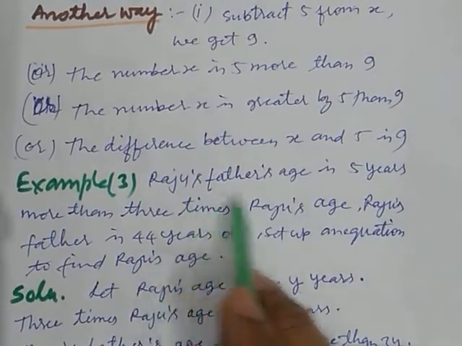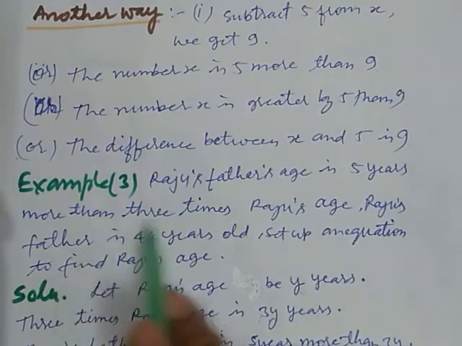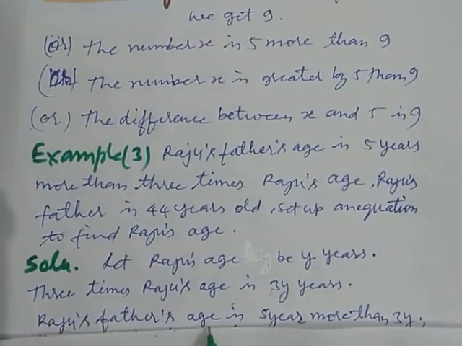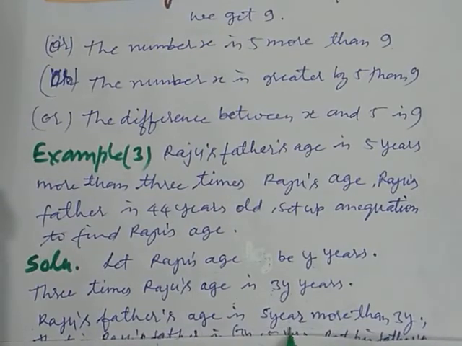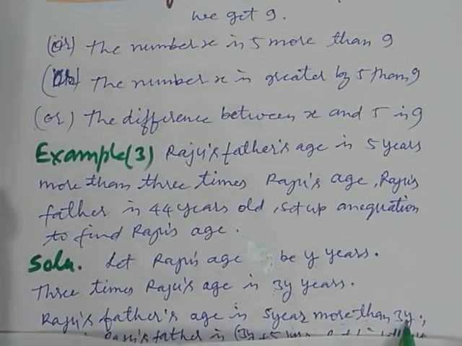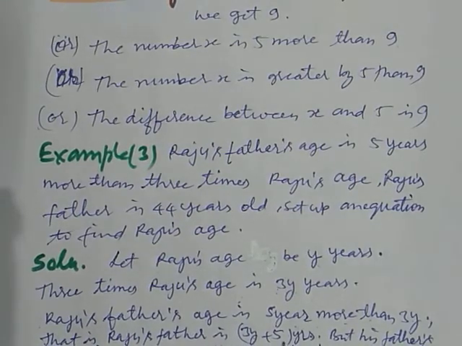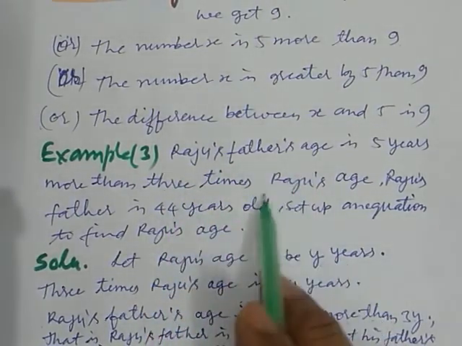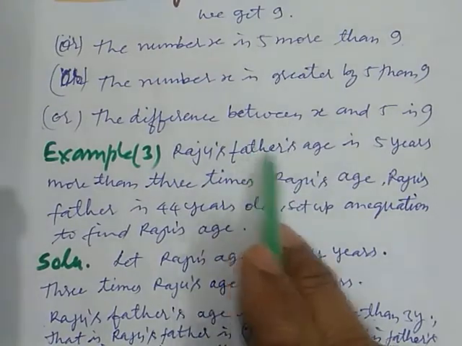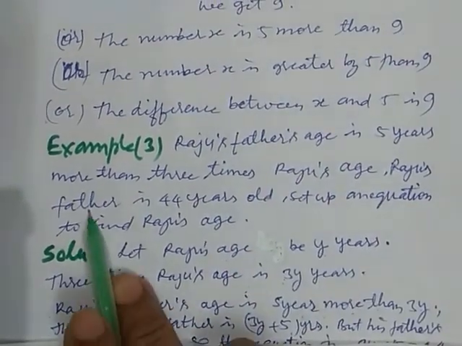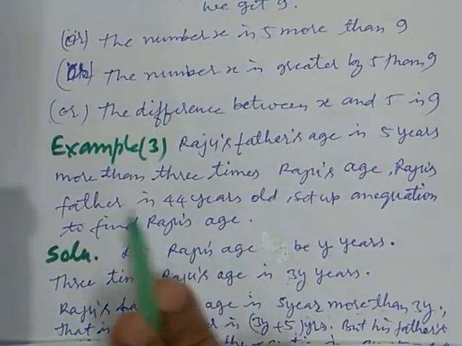Now next, Raju's father's age is 5 years more than 3 times Raju's age. So make 3 times and then add 5 years. Raju's father's age is 5 years more than 3y. So Raju's father is 3y plus 5. But we also provided the age.